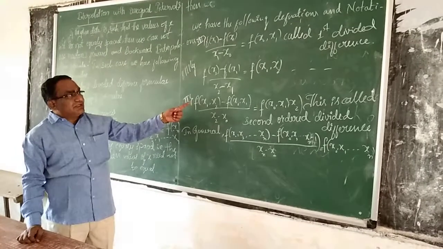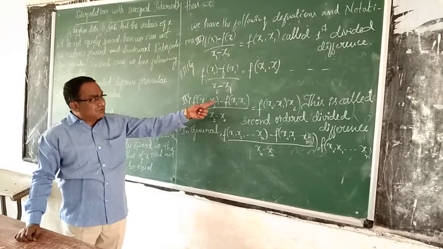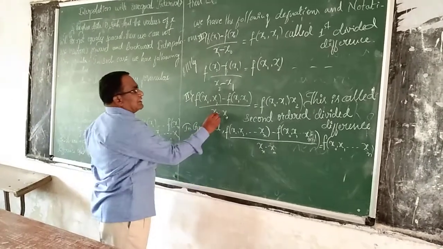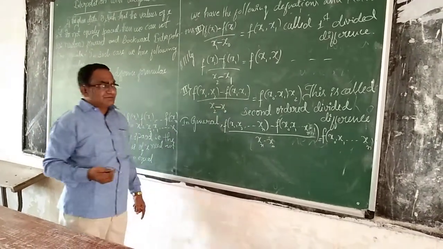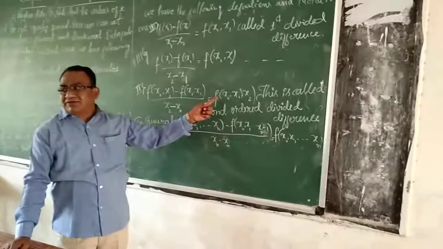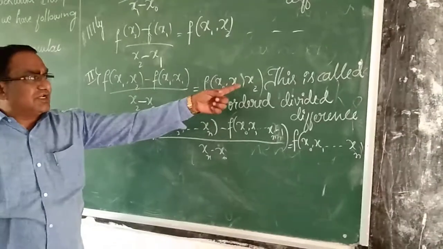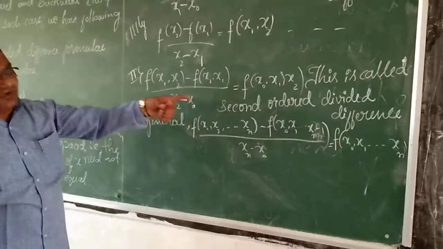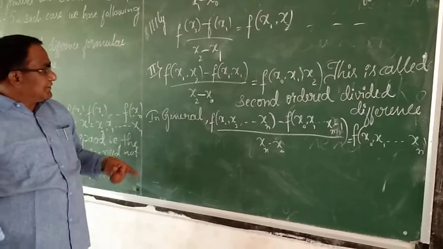Third one, f of x1 comma x2 minus f of x0 comma x1 divided by x2 minus x0 is denoted by f of x0, x1, x2.